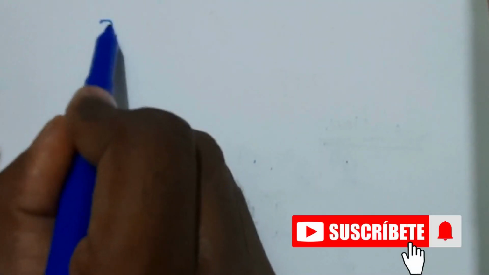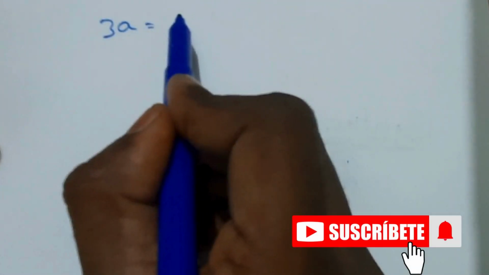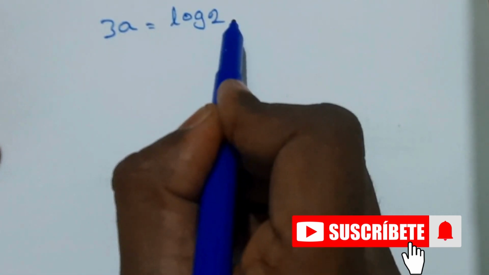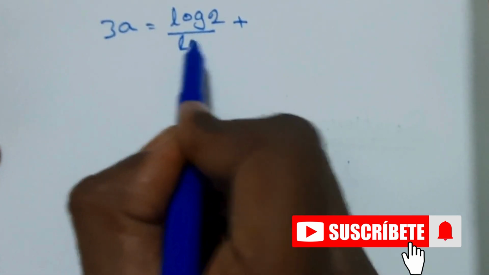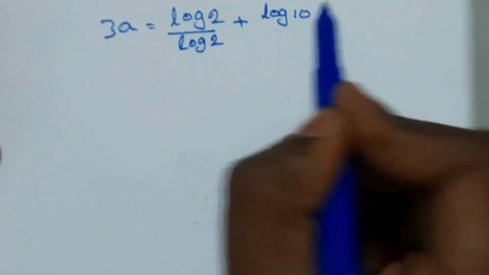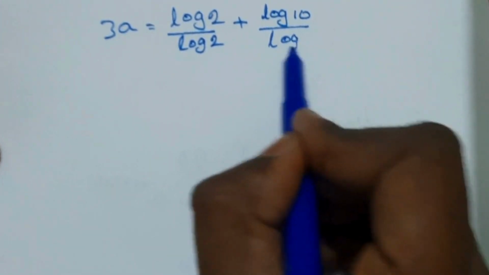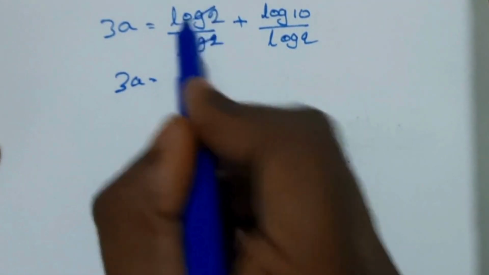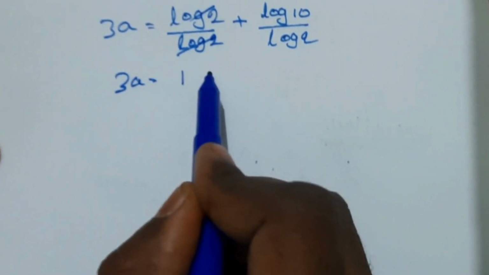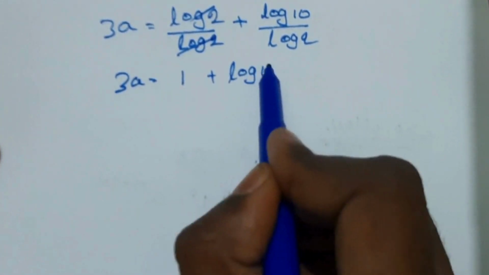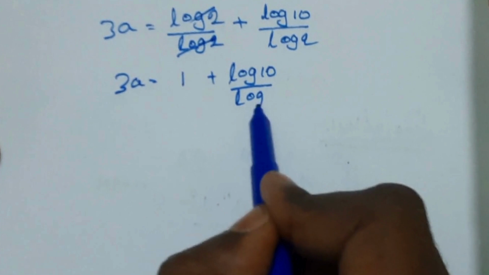Now 3a equal to log 2 by log 2 plus log 10 by log 2. So 3a equal to, this cancels this, 1 plus log 10 by log 2.